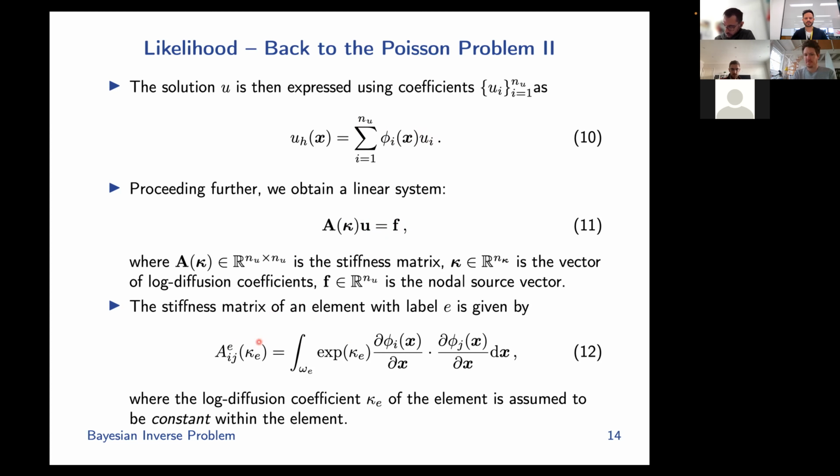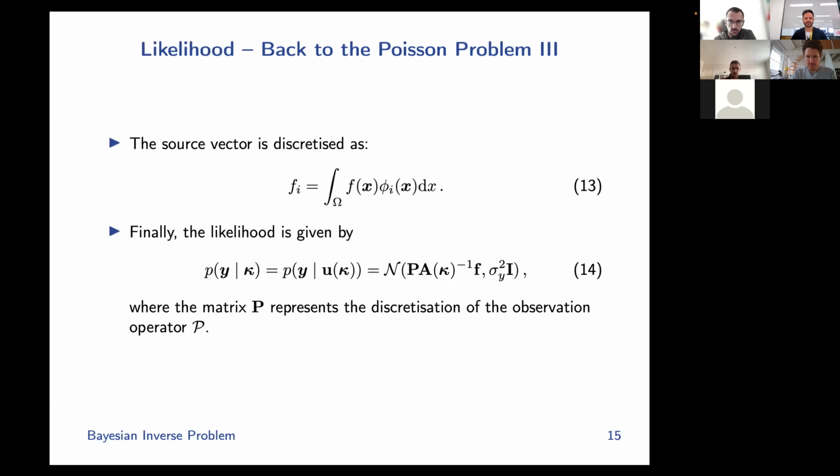Just for completeness, this is how we compute the elements of the stiffness matrix. I'll skip those, and this is the right-hand side discretization.